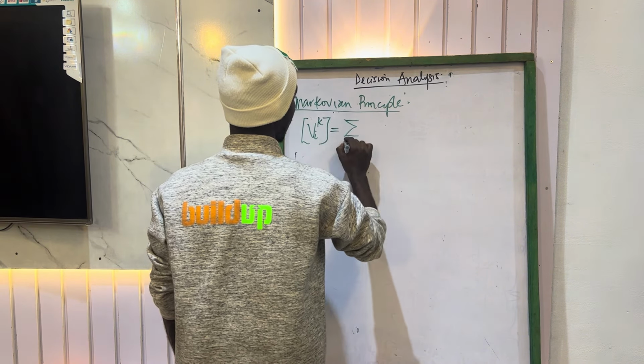So to determine the next stage, it will be fn, which is equal to the max of Vi to K plus the summation of j from 1 to M, then your probability, which is Pij, multiplied by the function of the previous stage, fn plus 1, j.